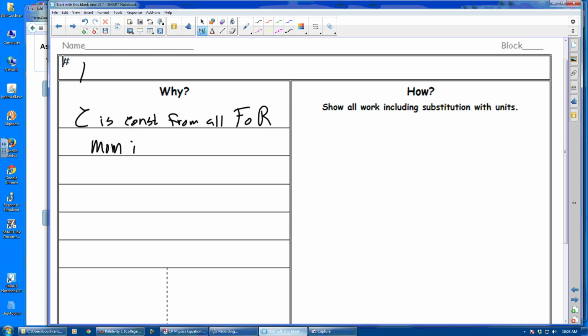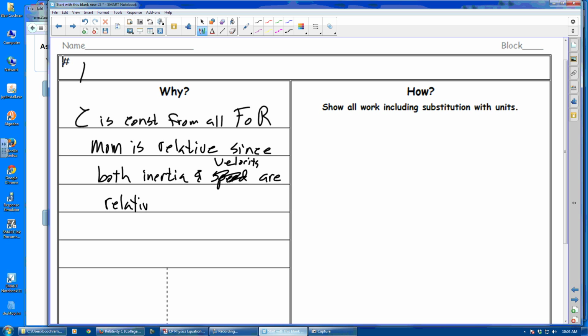Momentum is relative, since both inertia and velocity are relative. Of course, relative means they are different based on your frame of reference, right? Yes.